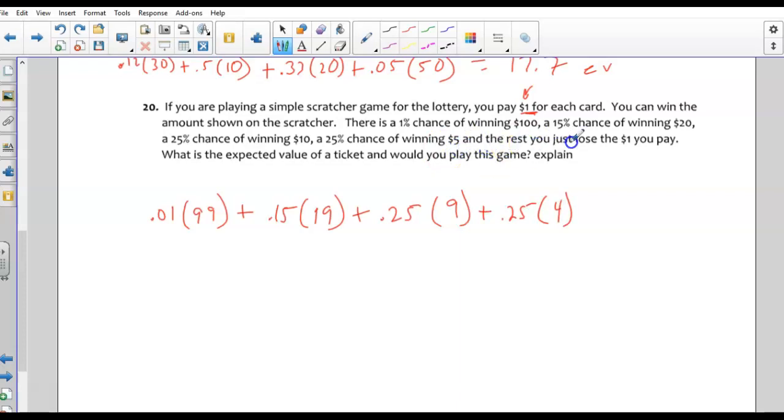And then the rest of you that played will simply lose a buck, just because you decided you wanted to play the game. Anyway, you can punch all that straight in. You're going to get 6 points.